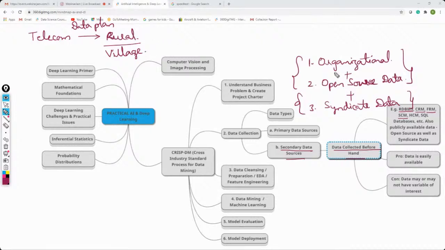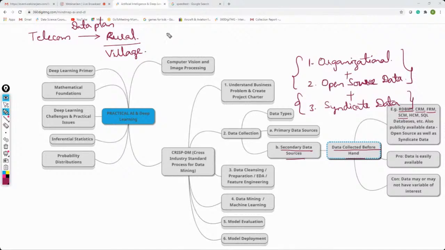How do you decide? Do they just take the data of how people are using the internet connection in these villages, to what extent they are using it? Do they look at only that? Absolutely not.